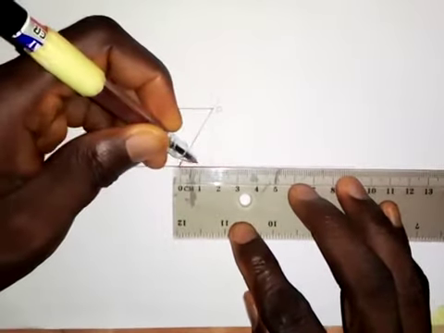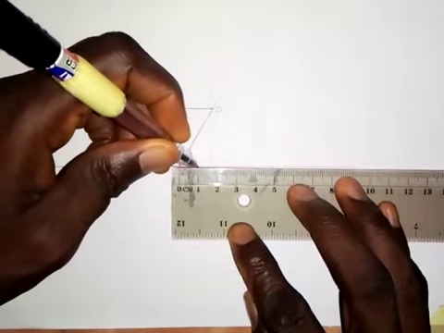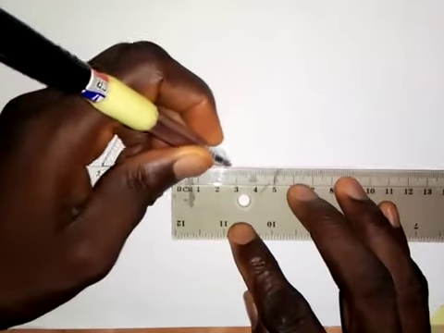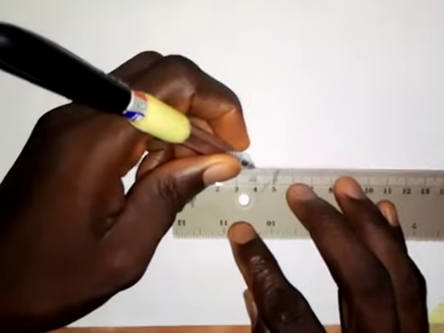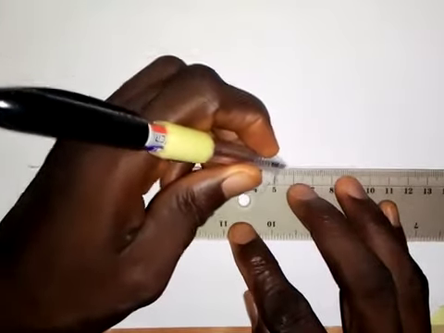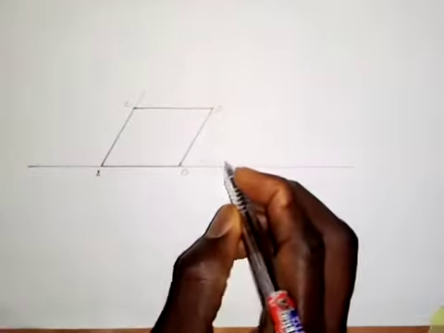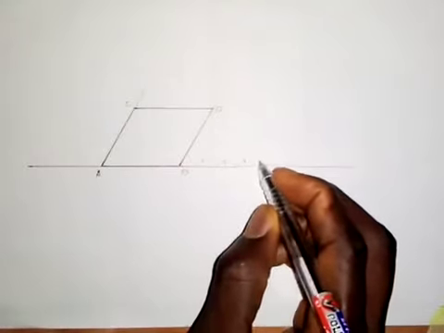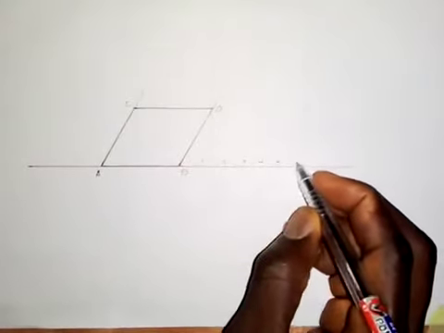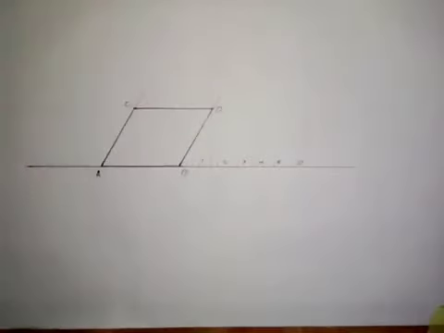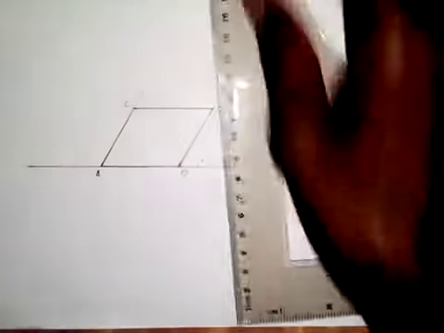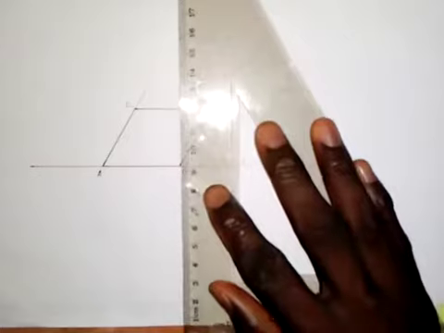I just want to use 30 millimeters for this division: 1, 2, 3, 4, 5, and 6. So I'm going to number these points: this is 1, this is 2, this is 3, this is 4, this is 5, and this is 6. So we are enlarging, that's what we are doing. The next thing I'm going to do, before I move on, is draw a vertical line from point B down.